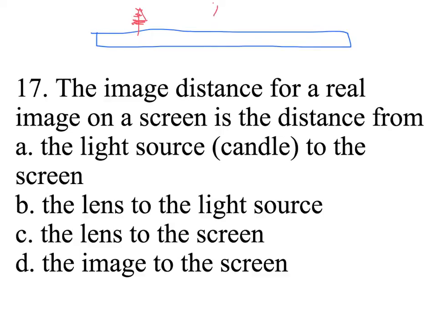And we have a lens, and the lens is on a little stand, and then we have a screen over here also on a little stand, and then we have our little upside down pine tree image.